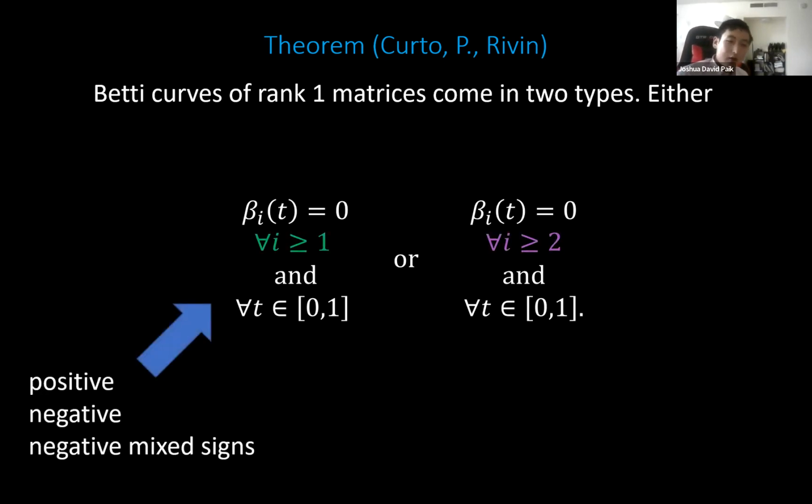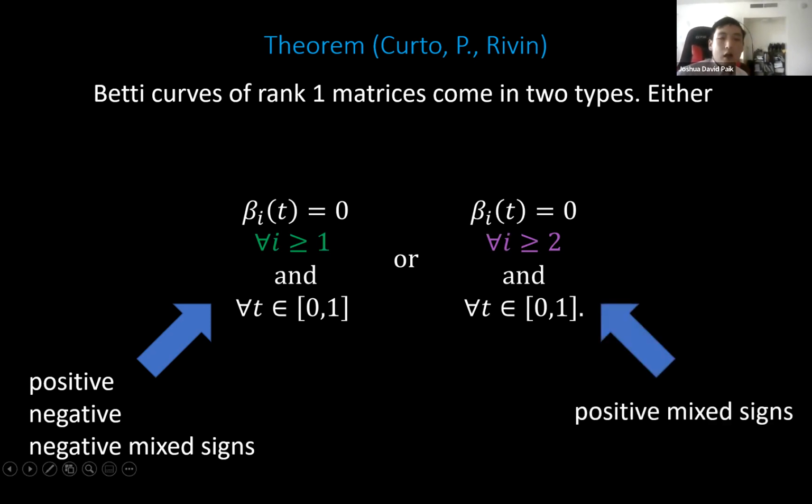Now the types of rank 1 matrices in this first type are 75% of them: the positive, negative, and negative mixed signs matrices. In the second type, this should have been a positive mixed sign. So in the second case, when only Betti 2 and up are identically 0, this is the case of a positive mixed signs rank 1 matrix.